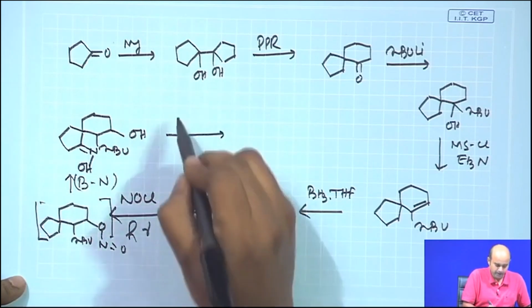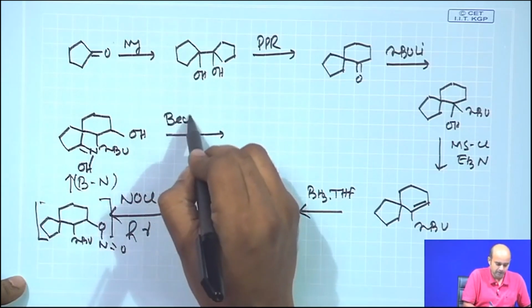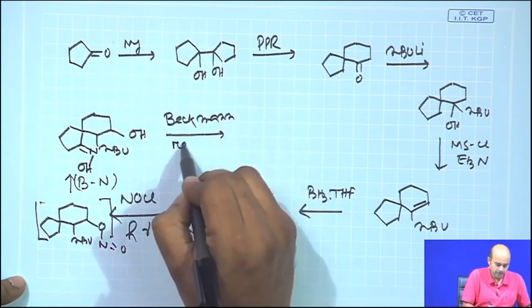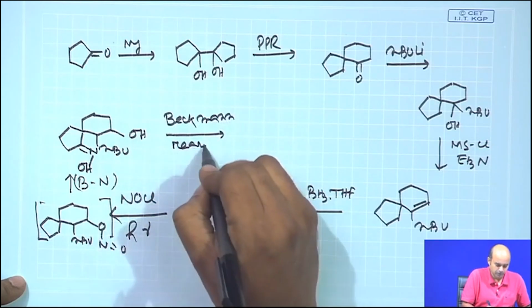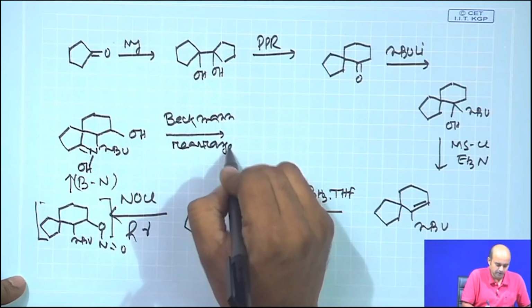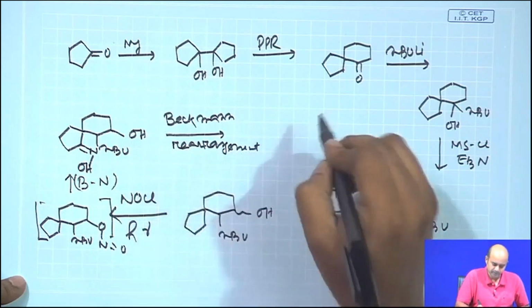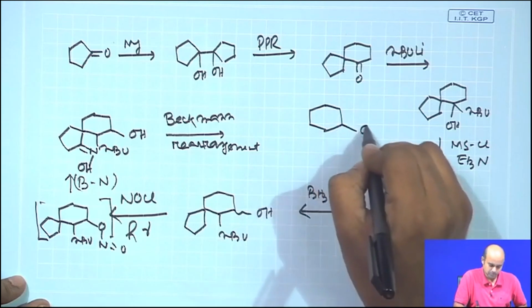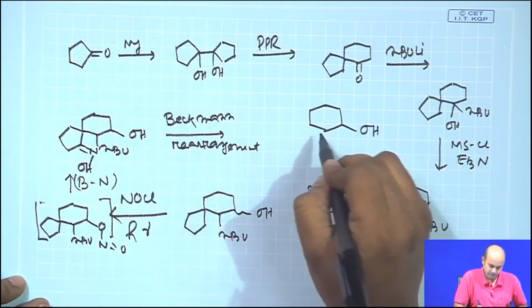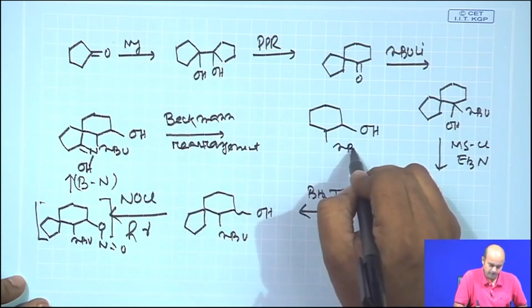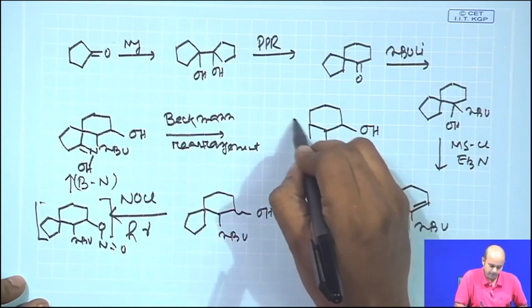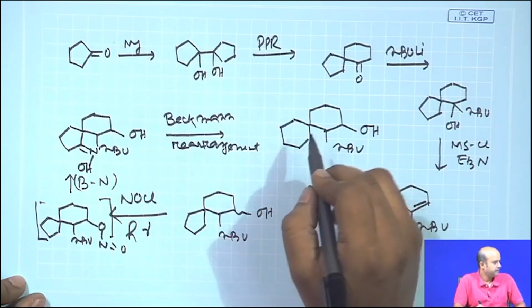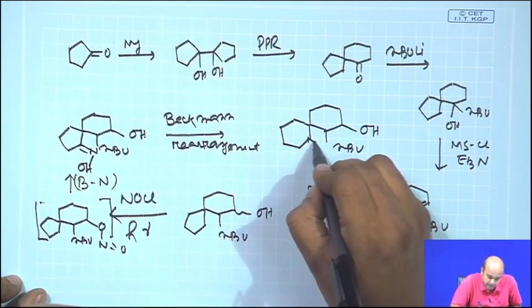And then you do a Beckmann rearrangement-based transformation, that is also a very standard reaction. And your N-butyl will remain here. Now, here you will get the ring expanded product.